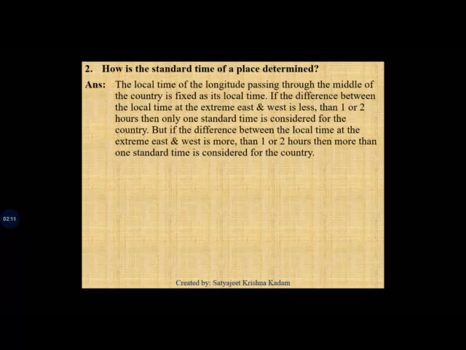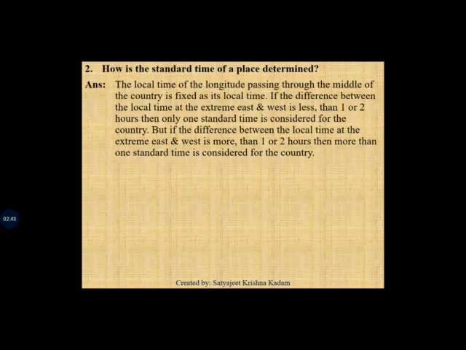If the difference between the local time at the extreme east and west is less than 1 or 2 hours, then only one standard time is considered for the country. But if the difference between the local time at the extreme east and west is more than 1 or 2 hours, then more than one standard time is considered for the country.